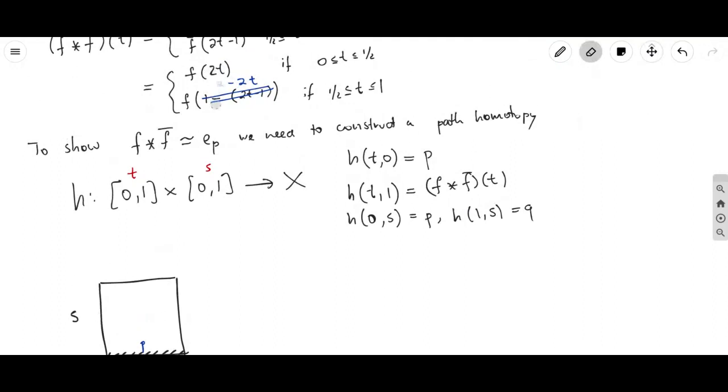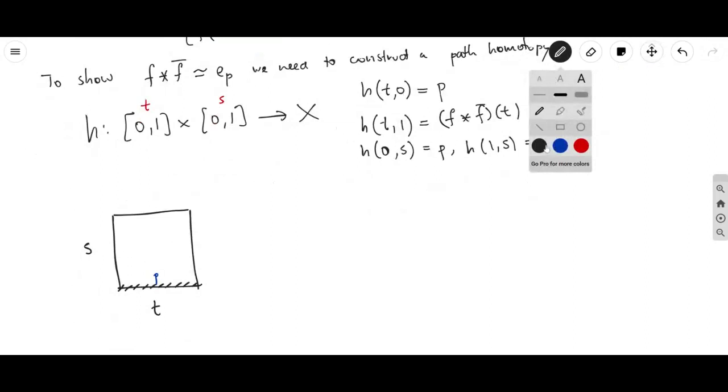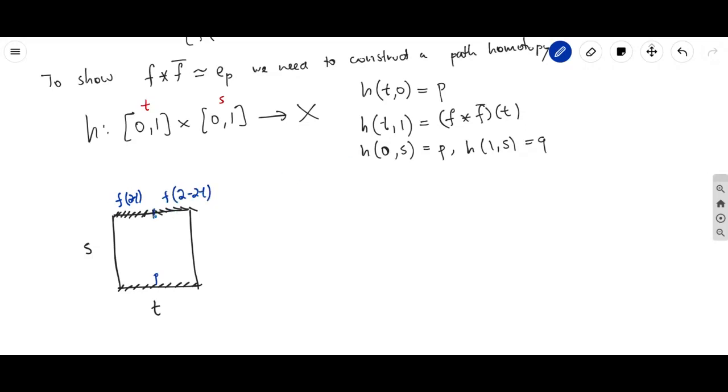But this juxtaposition has two piecewise conditions built into it, from 0 to 1/2 and from 1/2 to 1. So this one gets cut down the middle like this. The first piece should be f of 2t, and the second piece should be f of 2 minus 2t. And this is sort of like the divider down the middle.